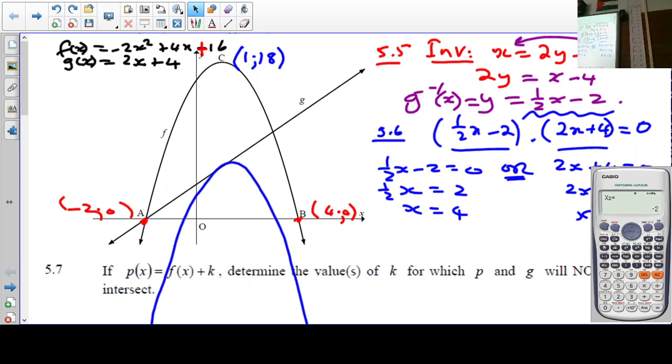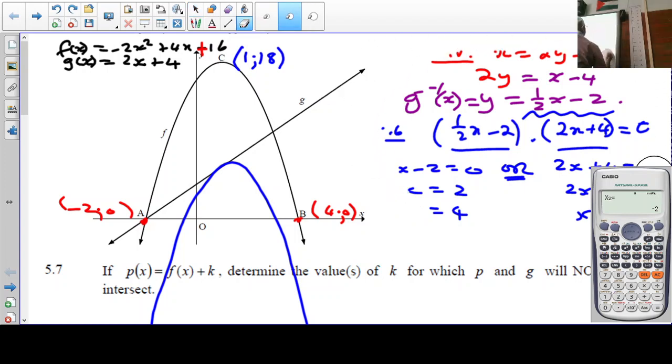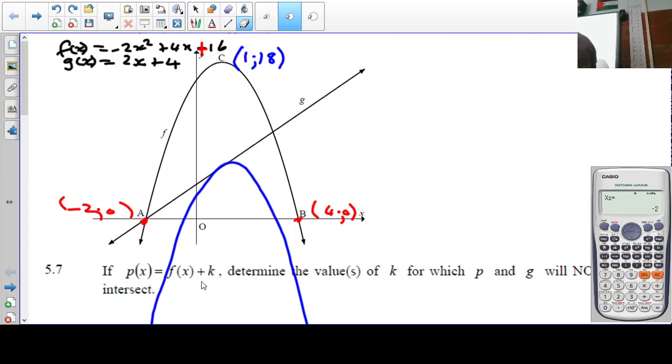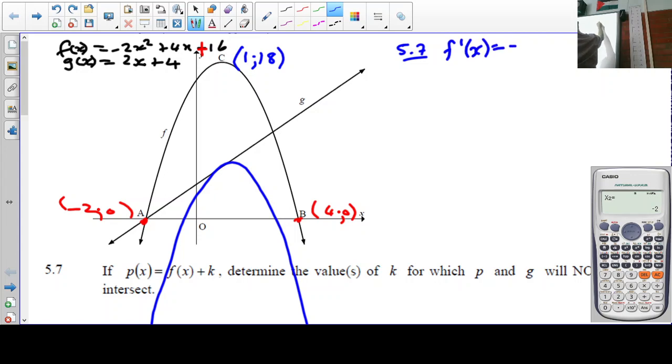Which means to say, I need to know what the equation of the tangent to this graph will be at that point. Okay? So, to work out the tangent of the curve, g of x becomes a tangent now to this graph. So we work out the first derivative, so f prime x equals negative 4x plus 4. Now this is a general gradient anywhere along the curve.